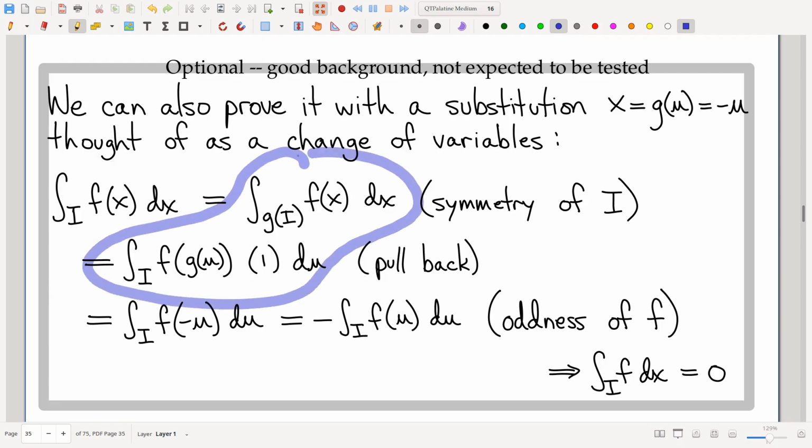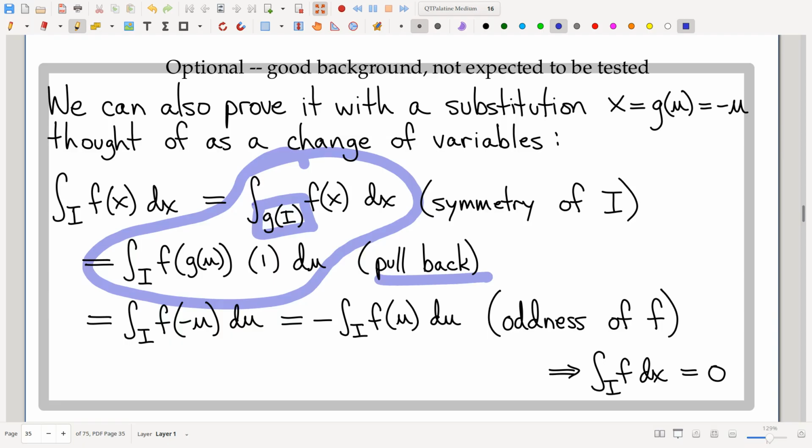Here, I'm just doing a pullback. I'm recognizing that I've got a domain that is an image. Remember, that's our big condition. If you want to be able to do a change of variables pullback, you need to recognize your domain as being an image of something else. Here, it's an image of itself.